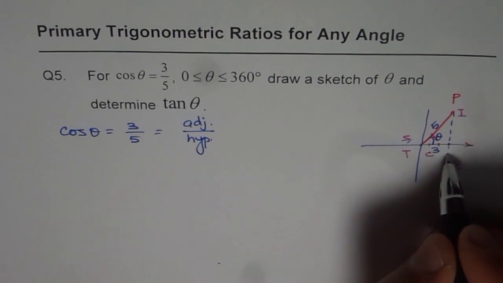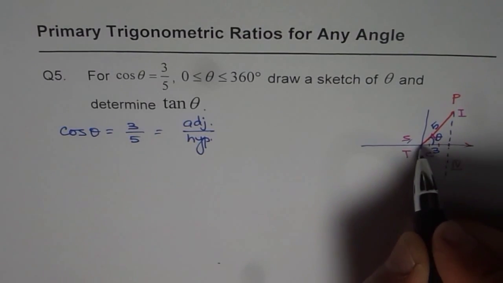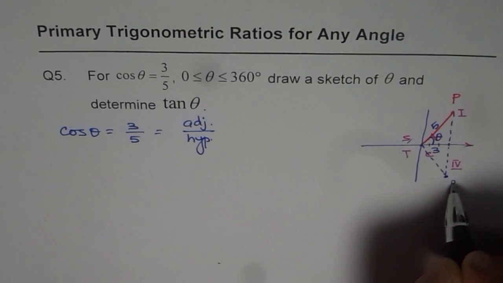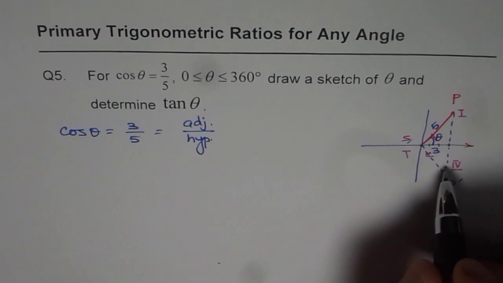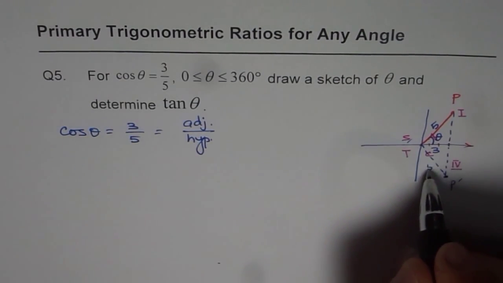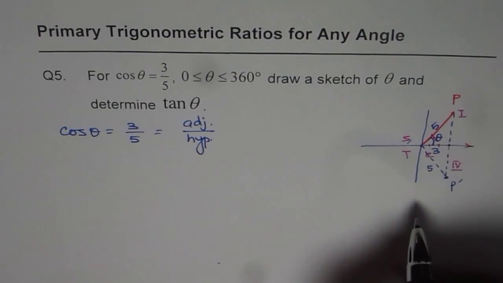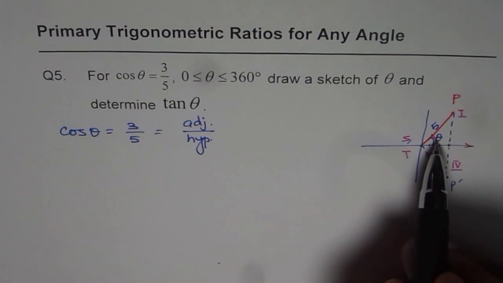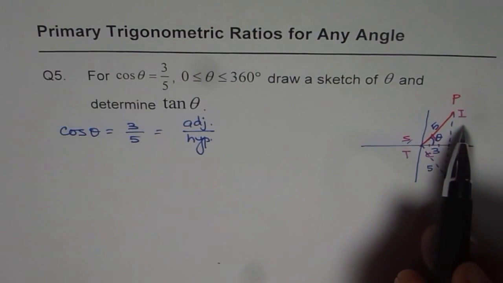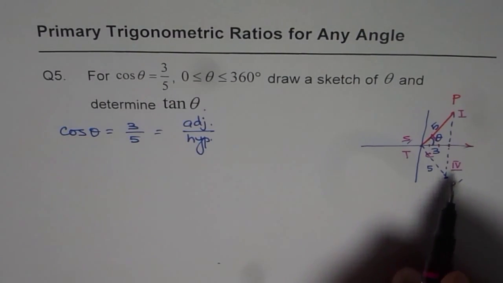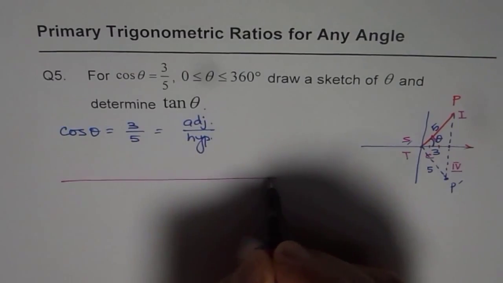If you consider a triangle which is a reflected image, P dash, here also the value of cosine theta is 3 over 5. So we get two cases. One, when the angle theta is in quadrant 1, and the other when angle theta is in quadrant 4.